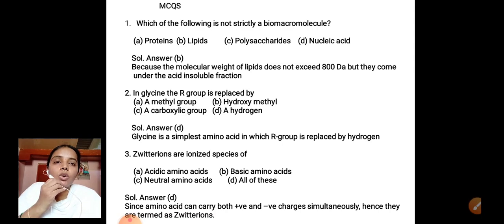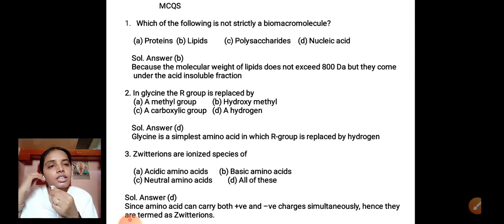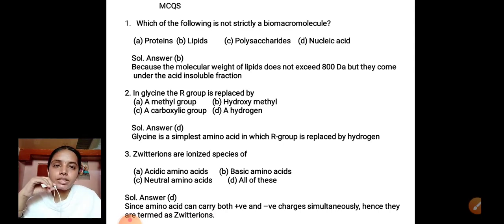The given options are proteins, lipids, polysaccharides, nucleic acids. Of these, proteins, polysaccharides and nucleic acids are macromolecules. But lipids are not completely considered macromolecules because the molecular weight of lipids does not exceed 800 daltons, but they come under the acid insoluble fraction. So the correct option for this question is B, lipids.